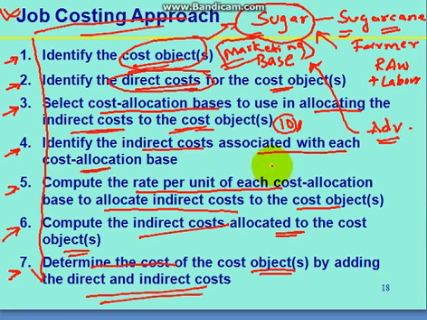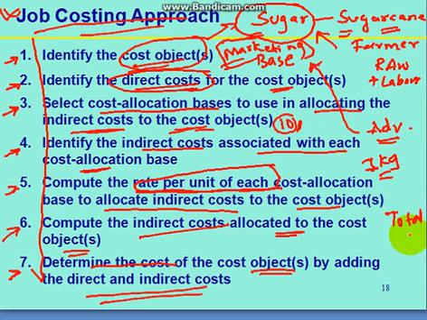Now you will have to calculate the rate per unit of cost allocation. For example, how much indirect cost 1 kg of sugar required, that is the per unit cost you have to calculate. You can also compute the indirect cost which is allocated to the cost object, means the total of indirect cost.